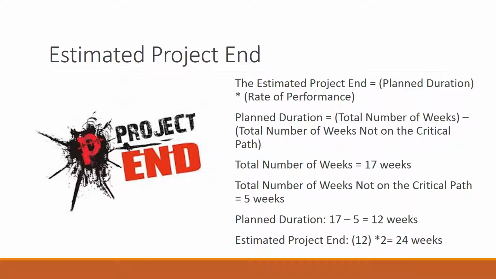Therefore, the planned duration is equal to 17 weeks minus 5 weeks, which gives us a planned duration of 12 weeks. The estimated project end is equal to 12 times the rate of performance, which we calculated in the last slide, and is 2. This gives us an estimated project end of 24 weeks, which is twice as long as expected.